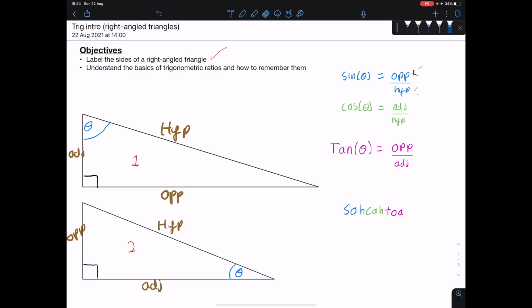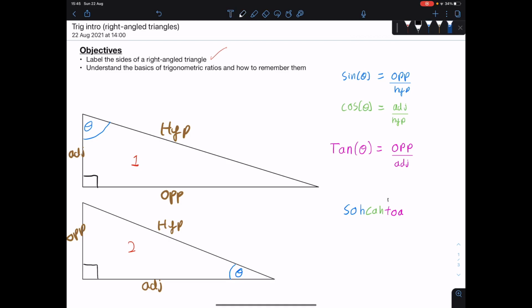If we look at our second 3 letters, we have CAH. So this represents cos theta from here equals the adjacent for the A divided by the hypotenuse for the H. And in our last 3 letters, we have TOA.